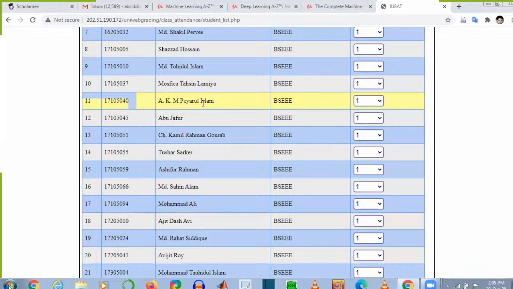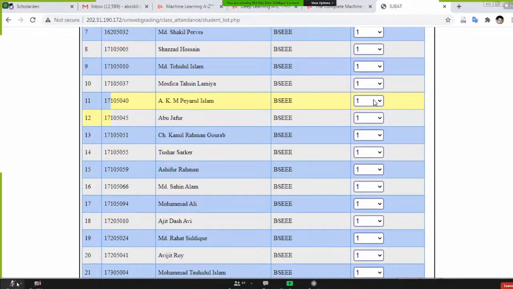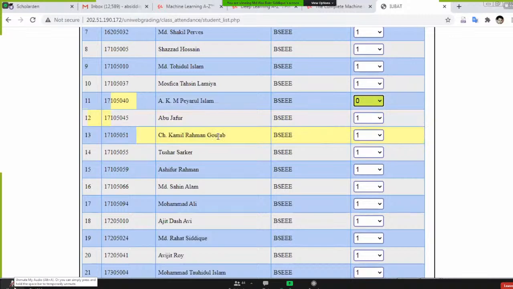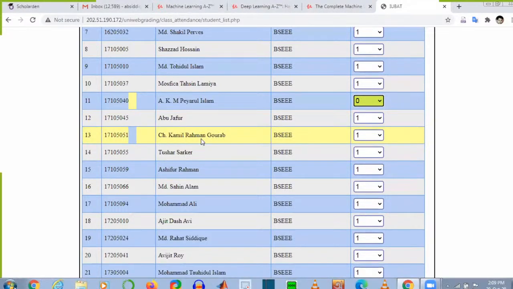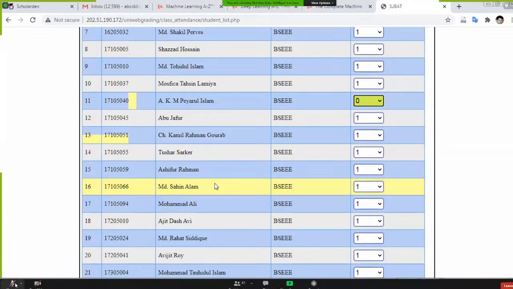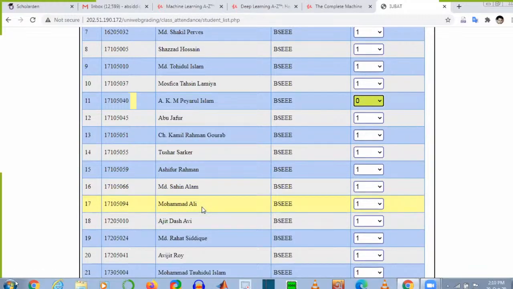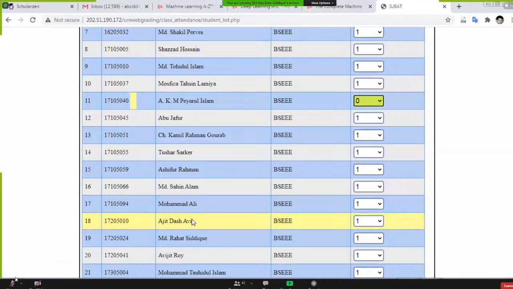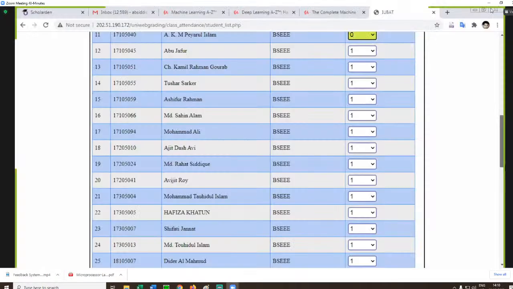Sharul Islam, Sharul absent. Abu Dhafar, present, sir. Kamil Rahman, yes, sir. Tushar, yes, sir. Ashibur Rahman, Shine Alam. You can also raise your hand. Muhammad Ali, present, sir. Ajit, yes, sir. Rahat.